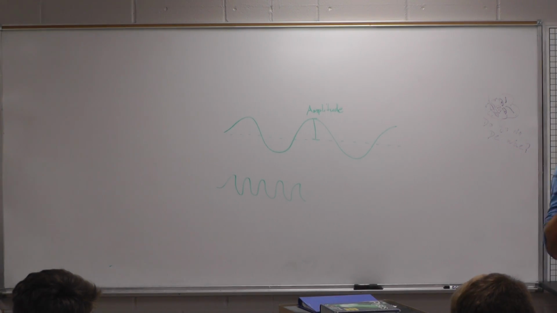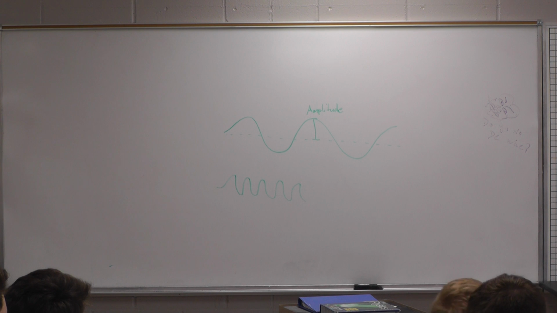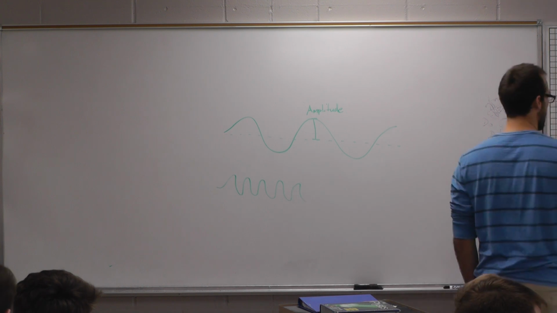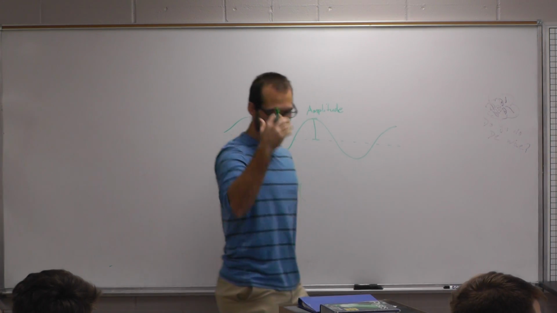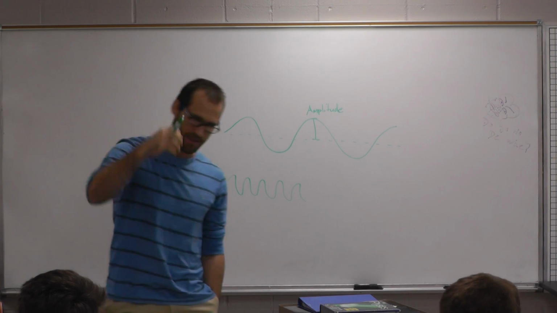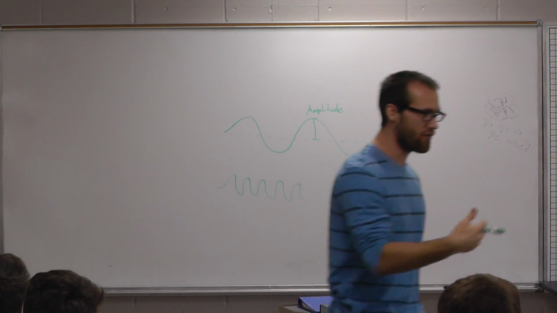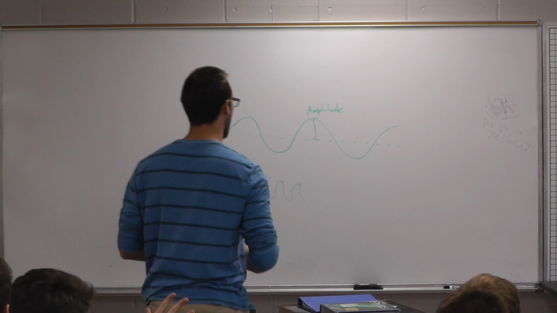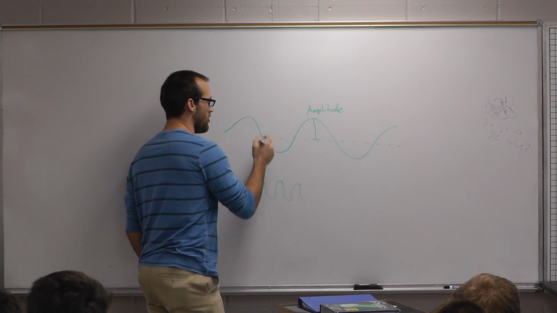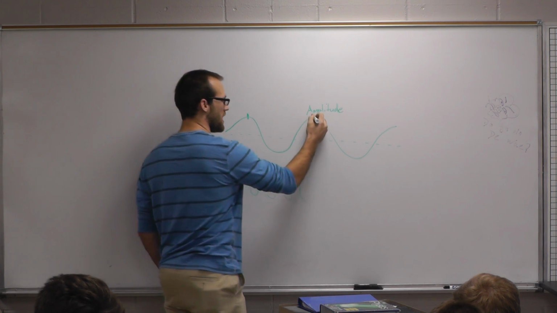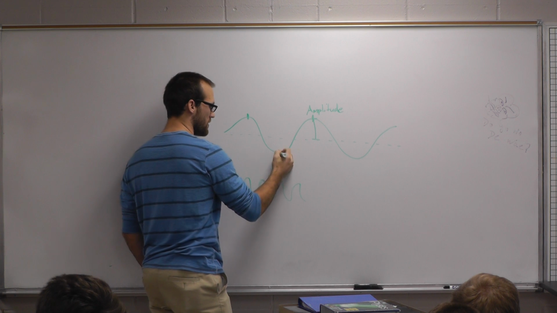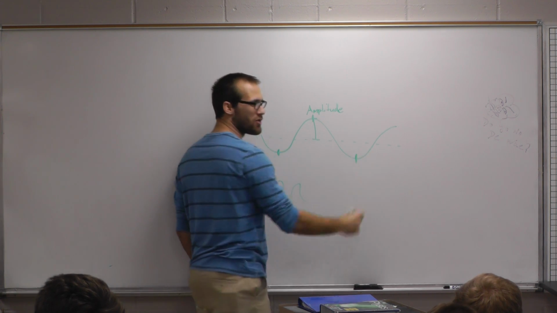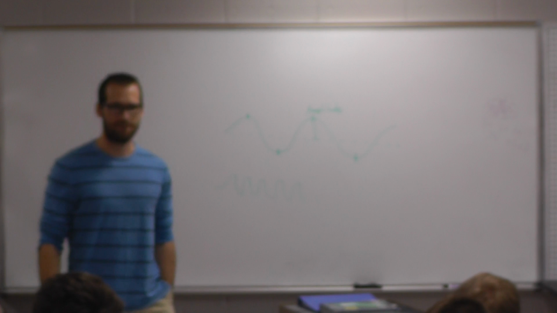So amplitude is how far you are away from equilibrium. Frequency is how many cycles you have per second, and period is the time it takes to complete one full cycle. Let me explain what one full cycle would be. One full cycle would be from peak to peak, or trough to trough.